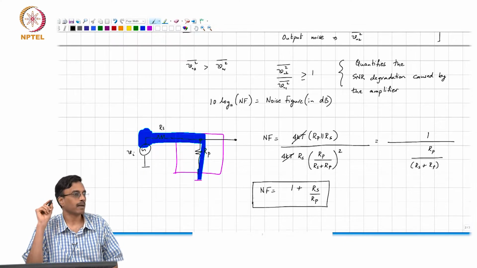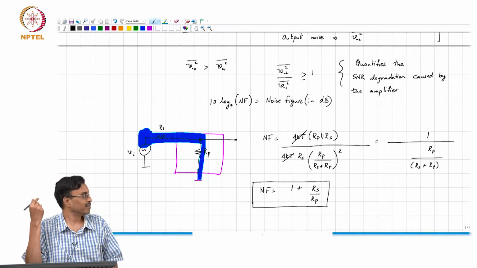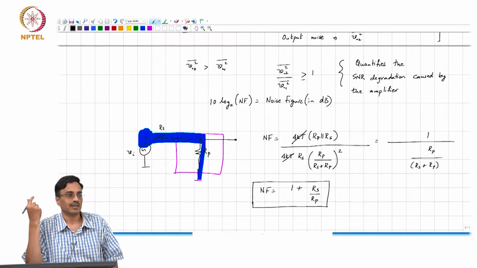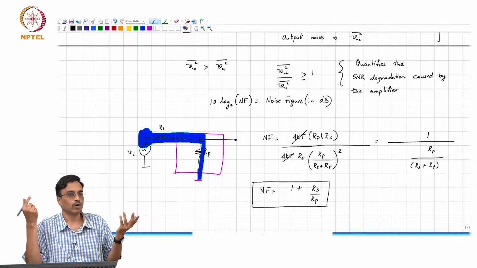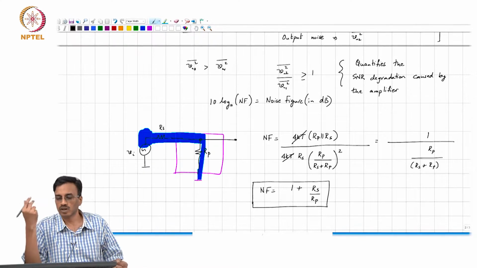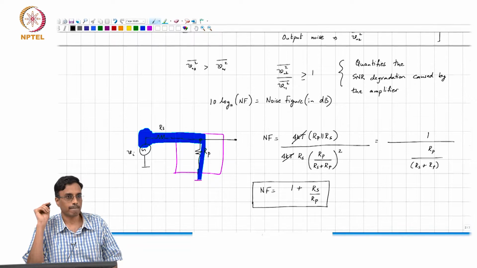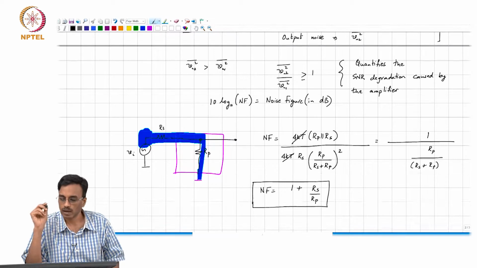Sanity check. Well, Rp is infinity. What should you expect? Oh, well, you are not doing anything. So, presumably, you are not losing SNR. So, sure enough, you get noise factor of 1 or 0 dB, right.